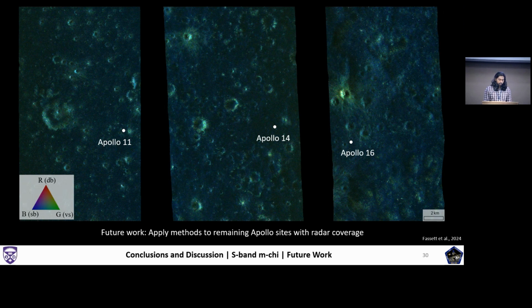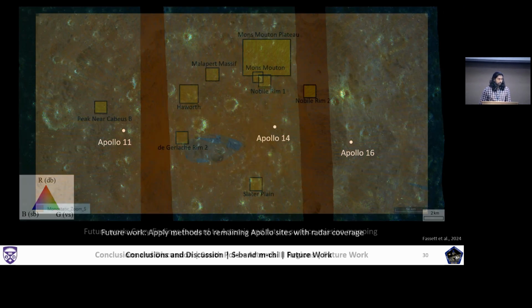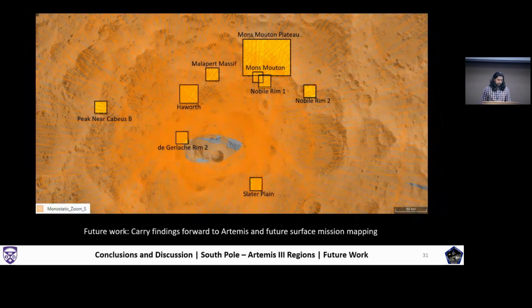And the findings of the entire analysis for all the Apollo landing sites can be carried forward to future landing sites, including Artemis. Shown here is a map of the South Pole region, particularly the Artemis landing sites. And you can notice that in S-band monostatic data, NESF has observed almost the entirety of the Artemis candidate regions.